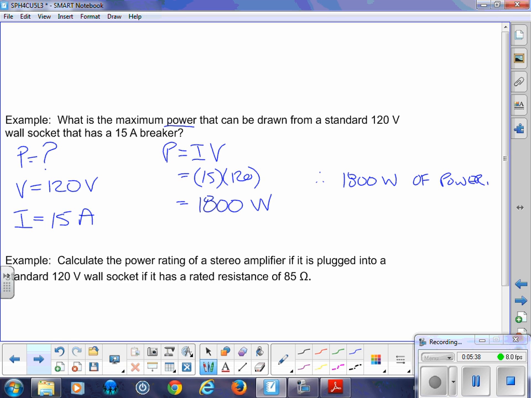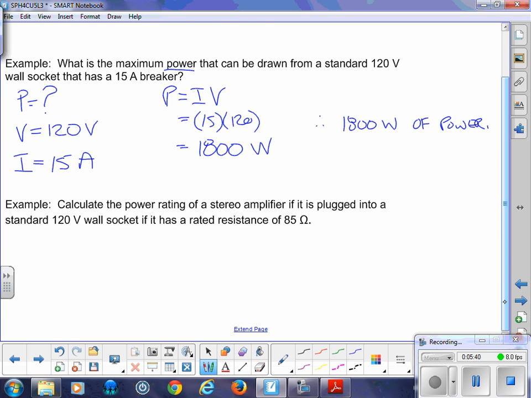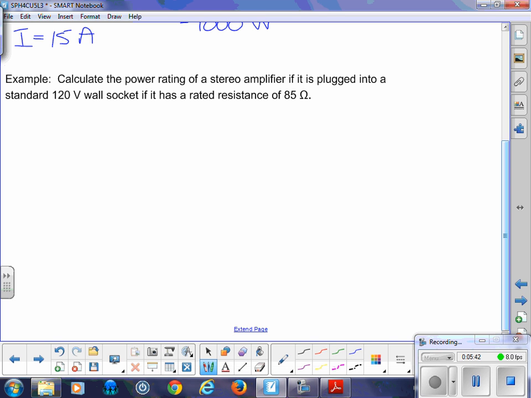All right. Similar example; all we're really doing is giving you the opportunity to see the other formulas. What's the power rating of a stereo amp? If you plug it into a 120 wall socket, the resistance R is 85 ohms. Again, if you look at the back plate of your amp, it has all this information for you. We want to know what the power of this particular amp is.